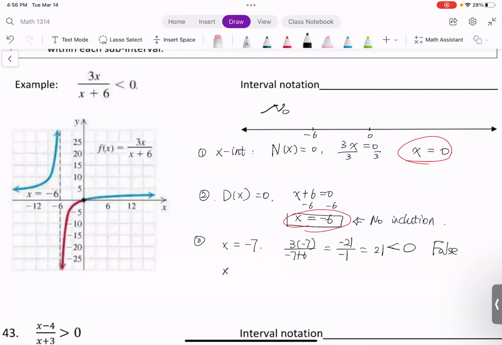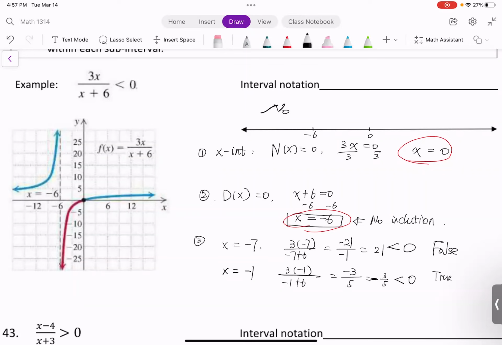Second, I can pick x between -6 and 0, so I pick -1. So 3 times -1 divided by -1 plus 6. On the top is -3, the bottom is 5, so we have -3 over 5. It is a negative number, less than 0, yes. Or you say true, because we said false in the previous one, we say true here.